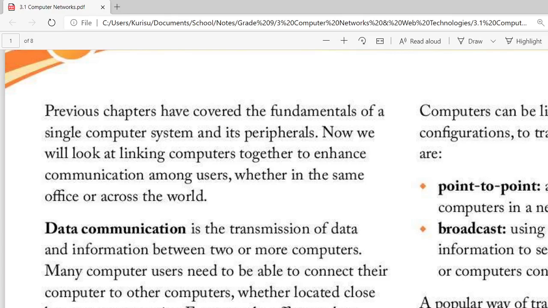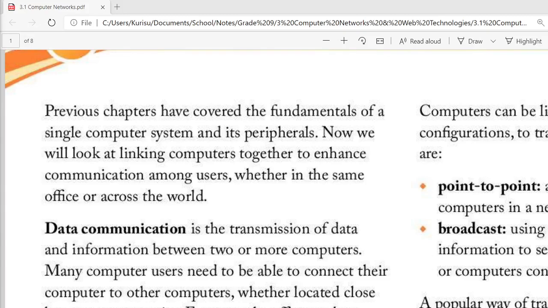Yes, sir. Previous chapters have covered the fundamentals of using a computer system and its peripherals. Now we will look at linking computers together to enhance communication among users, whether in the same office or across the world. Data communication is the transmission of data and information between two or more computers. Many computer users need to be able to connect their computer to other computers, whether located close by or at a remote site.